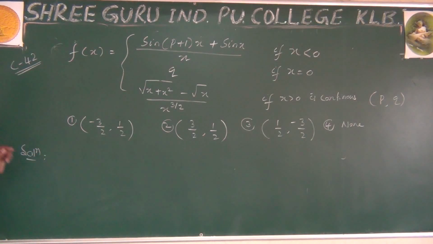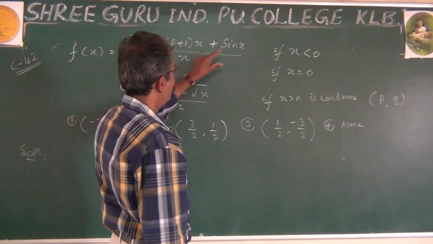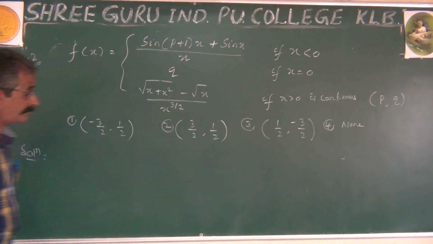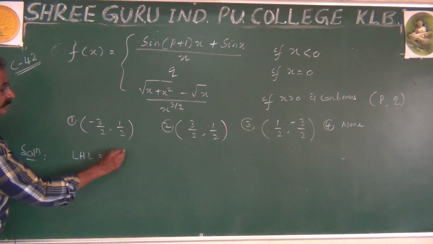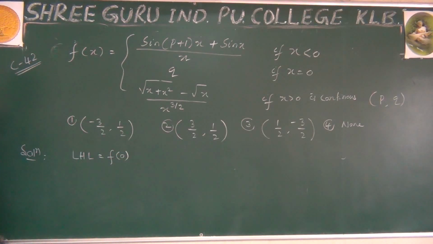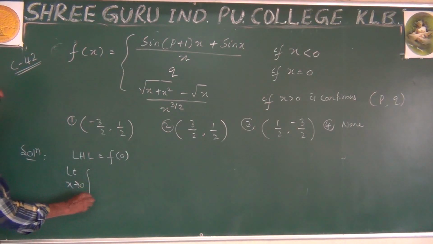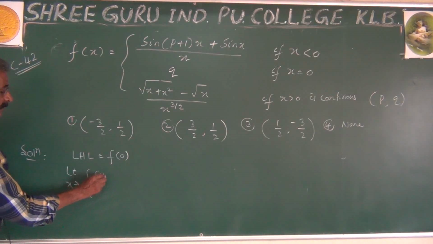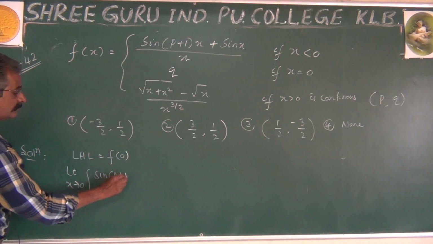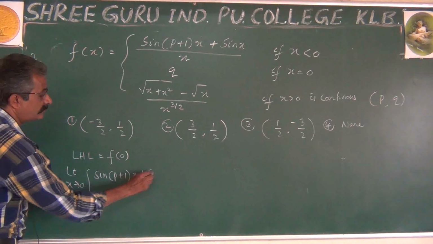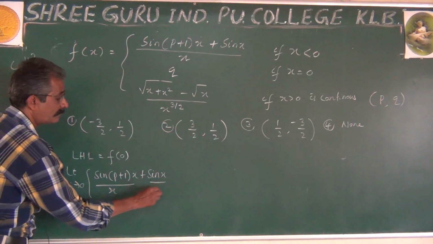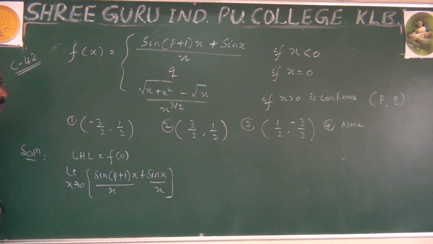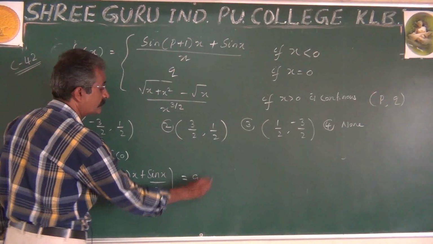What is given? Since function is given as continuous, LHL must be equal to f of 0. Left hand limit must be equal to f of 0. Left hand limit means limit x tending to 0. When x less than 0, function is sine of (p plus 1)x plus sine x divided by x equals f of 0 value, which is q.